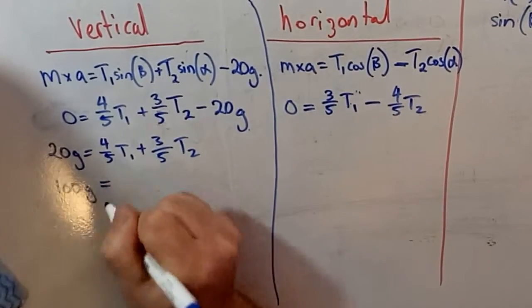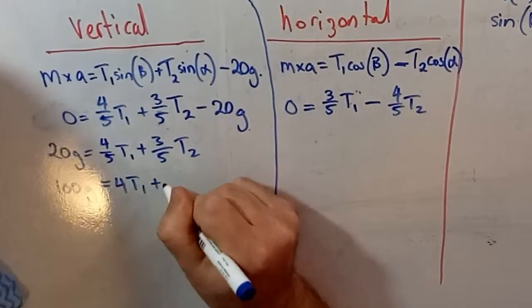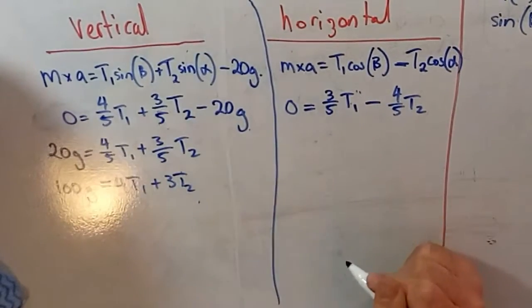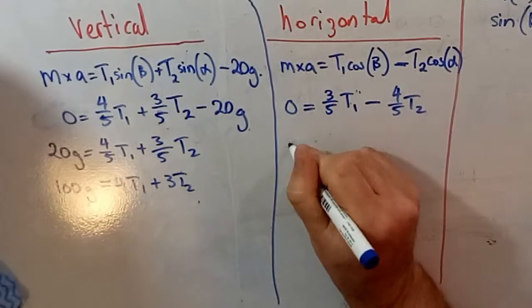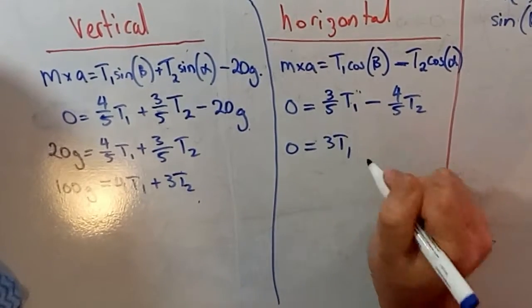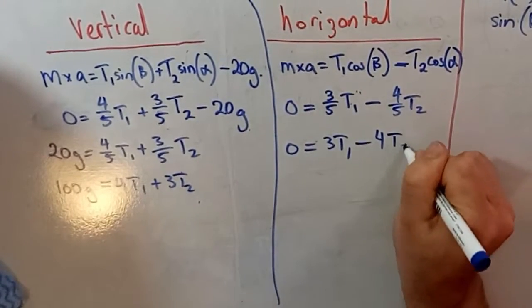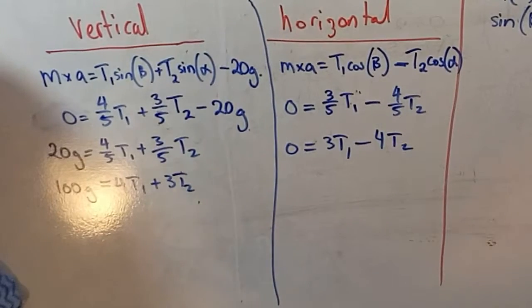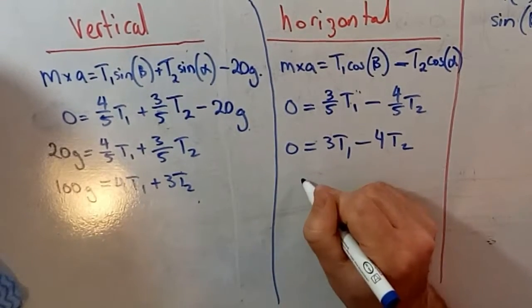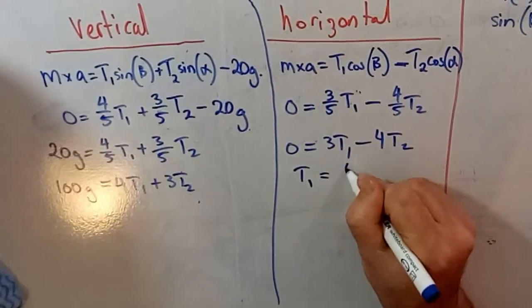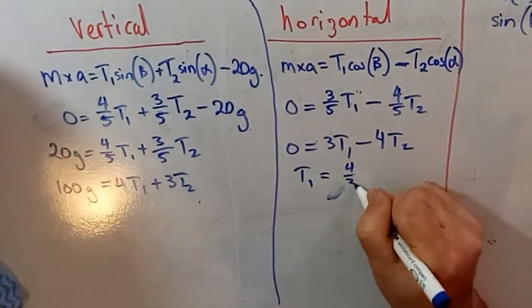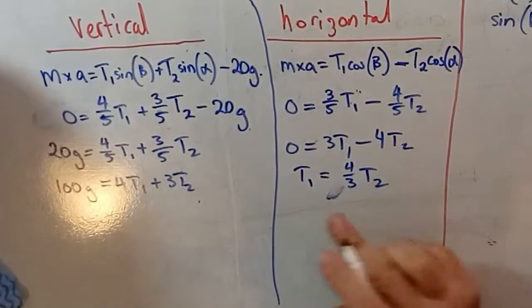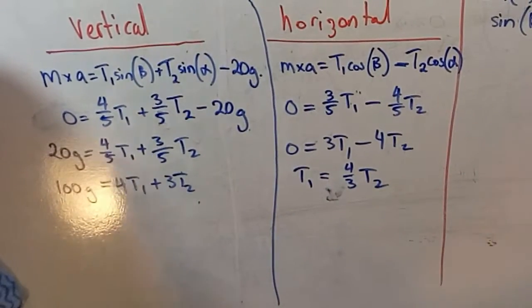That will give me 100g equals 4T1 plus 3T2. I can times both sides by 5 here, which gives me 0 equals 3T1 minus 4T2. So that gives me T1 is equal to 4/3 of T2.